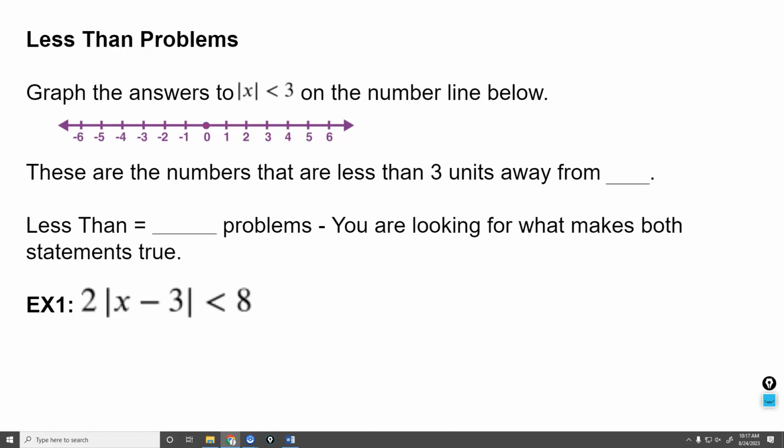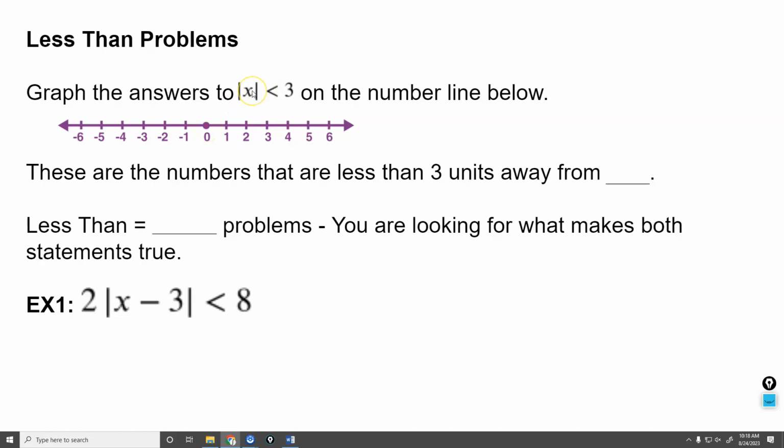We're going to graph the answers to absolute value of x is less than 3 on the number line. On this number line, you're going to highlight all the numbers that would work for this. For example, if I plug in 0, is it going to work?